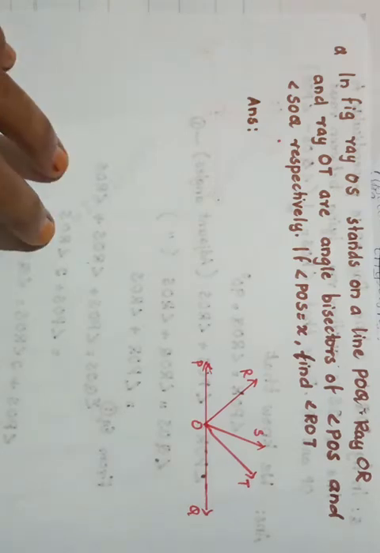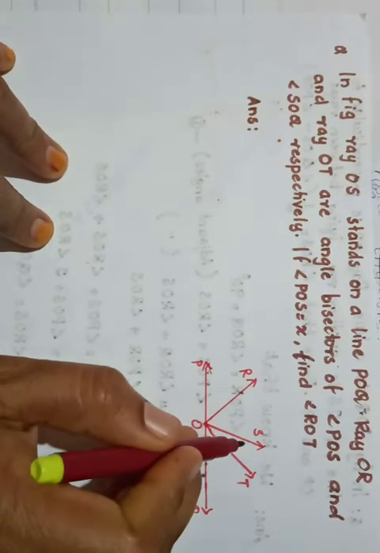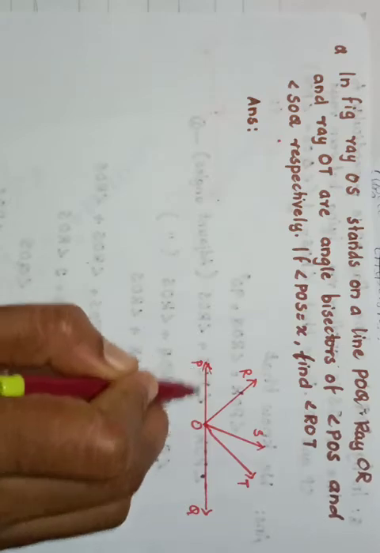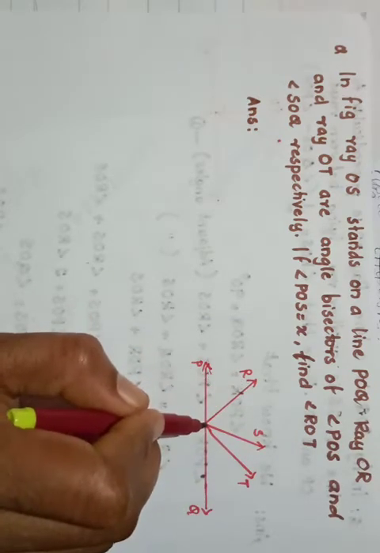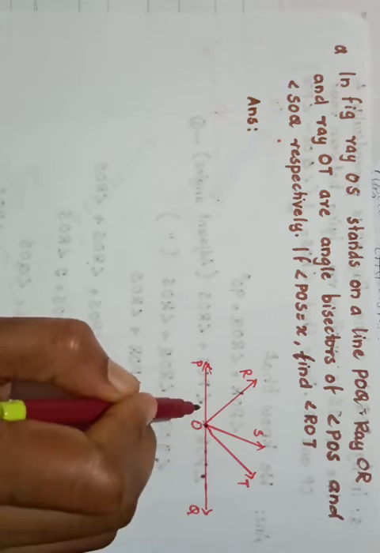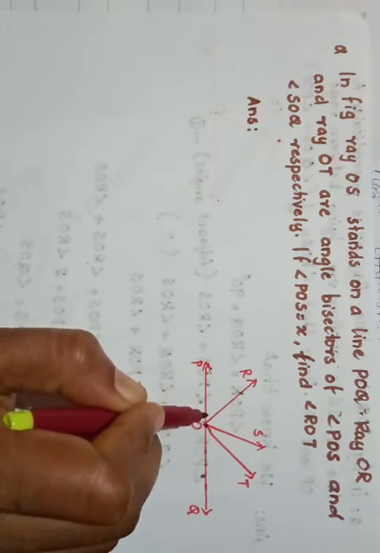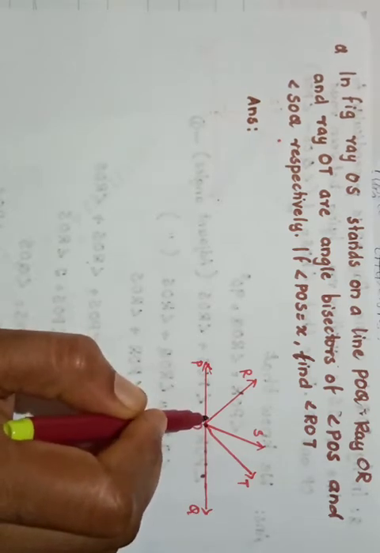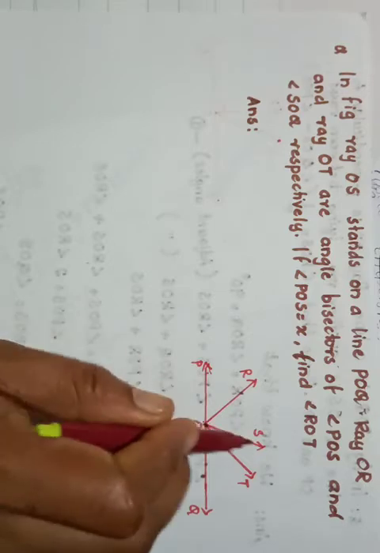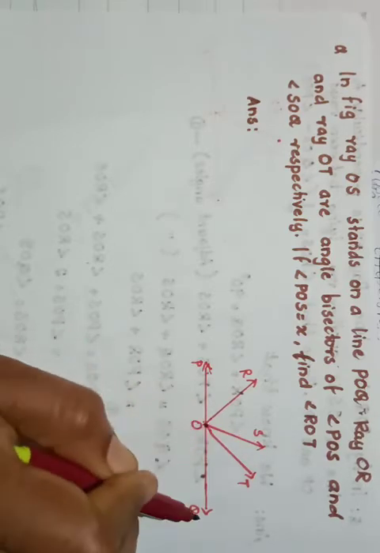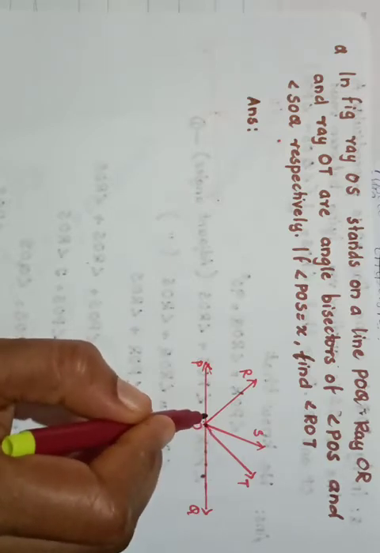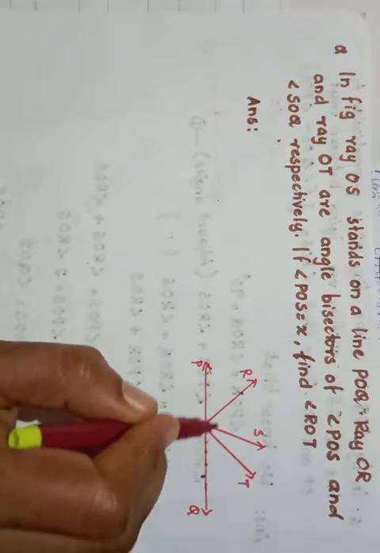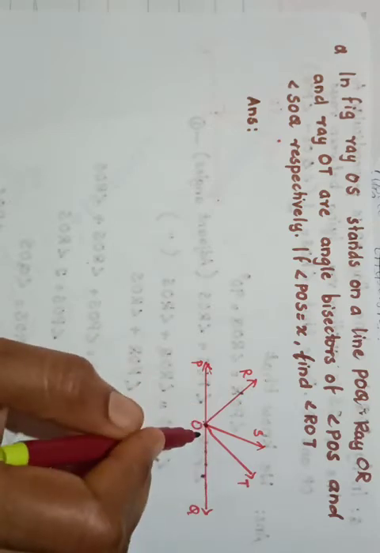In figure, ray OS stands on a line POQ. Ray OR and OT are angle bisectors of POS and SOQ. If POS equal to X, what is angle ROT?